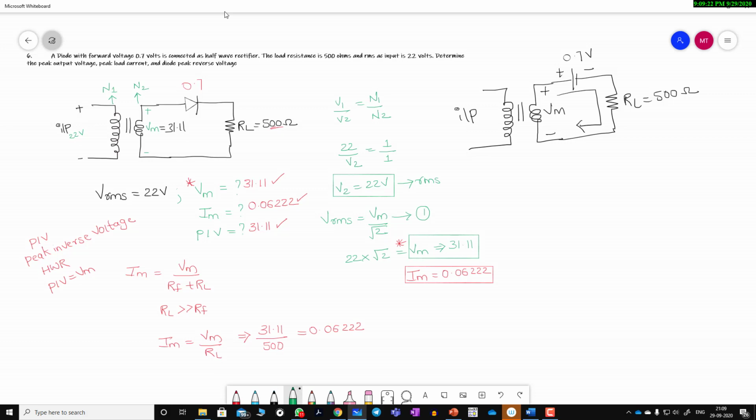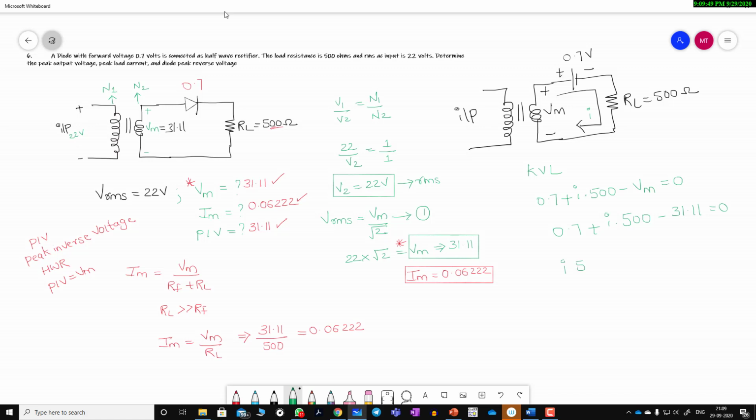So I am writing KVL within this loop. 0.7 plus some current, suppose I am assuming some current as I, so it is I into RL, which is 500, minus Vm is equal to 0. So 0.7 plus I into 500 minus Vm, where Vm is 31.11, is equal to 0.